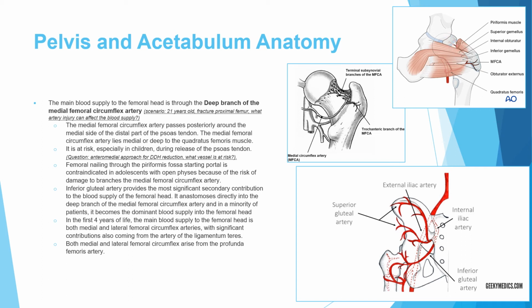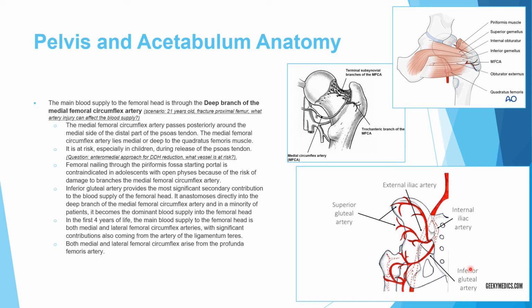If you're doing release of the iliopsoas, the artery may be at risk. As we said, it passes between the iliopsoas and the pectineus. Of course, if you're doing nailing through the piriformis, especially in a young patient, the terminal vessels may be at risk, and there is a small risk of developing avascular necrosis.